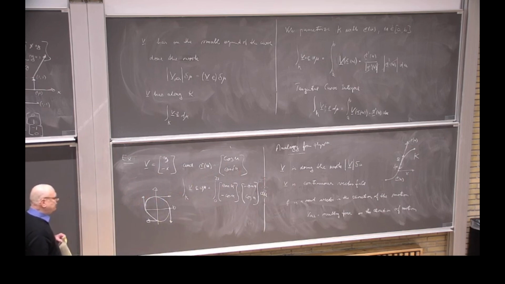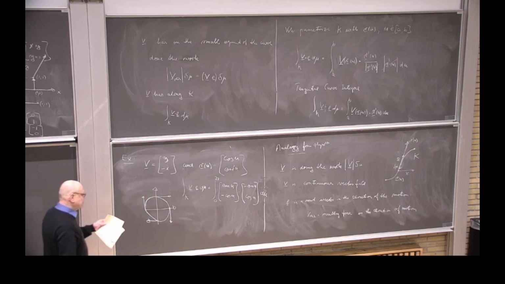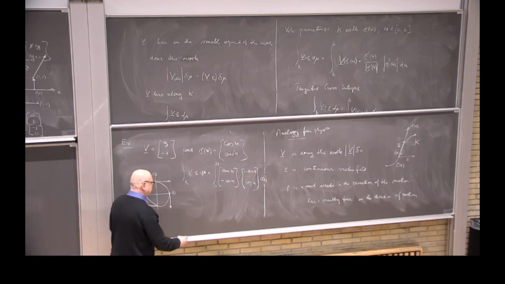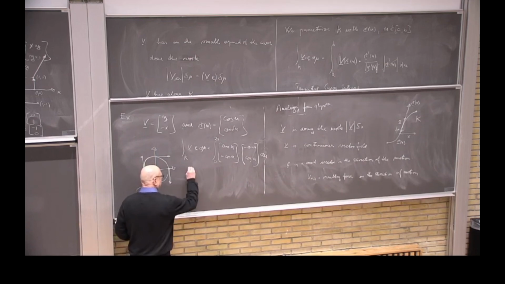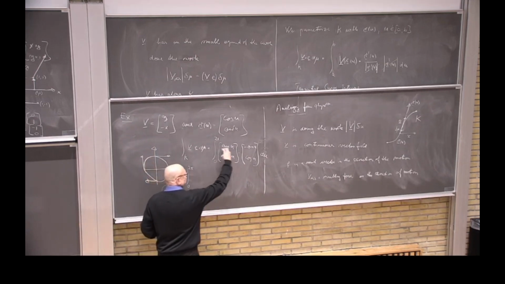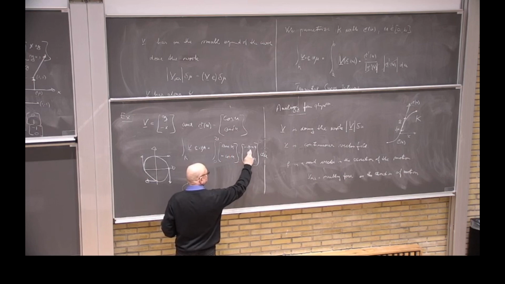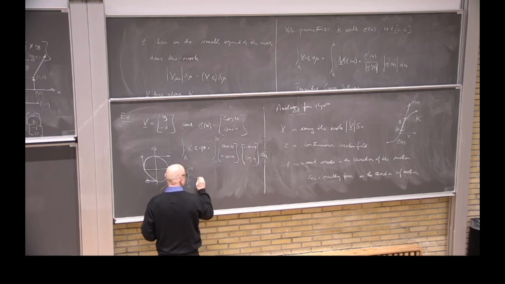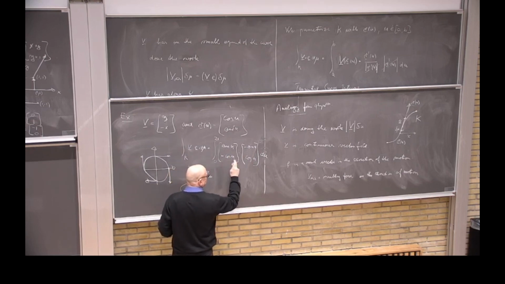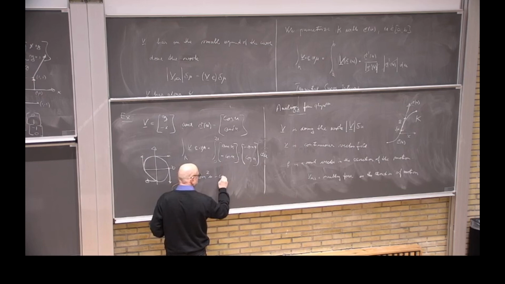So this is the value of this integral, and this is easily computed because when you do the dot product, you get sine u times minus sine u, so that is minus sine squared of u. And here you get cosine times cosine, so that is cosine squared of u.